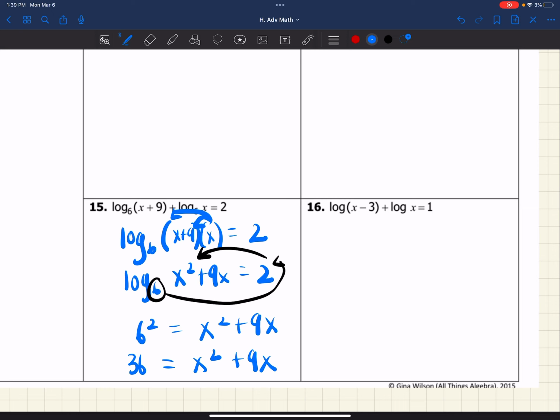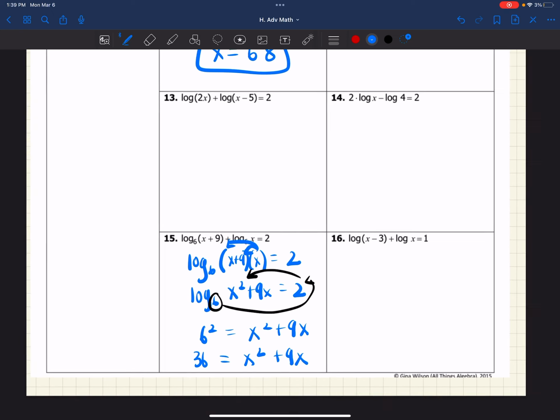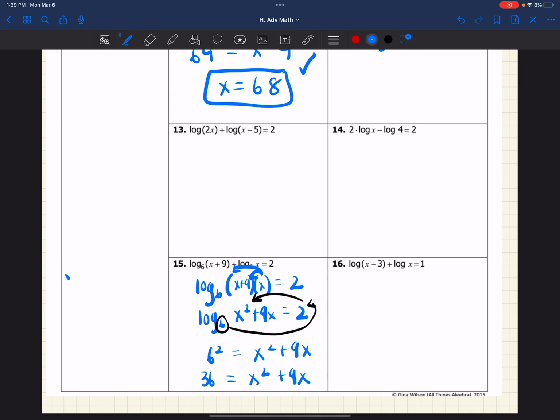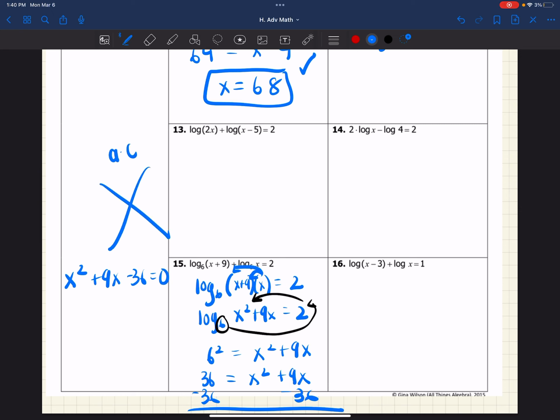This is now a quadratic, which you all should recognize. In order to solve a quadratic, you want to set it equal to 0, and then you can use either factoring or the quadratic formula. In this situation, factoring works, so it'll be x squared plus 9x minus 36 set equal to 0, because I moved the minus 36 to both sides. You can factor it. You put a times c at the top, b at the bottom.